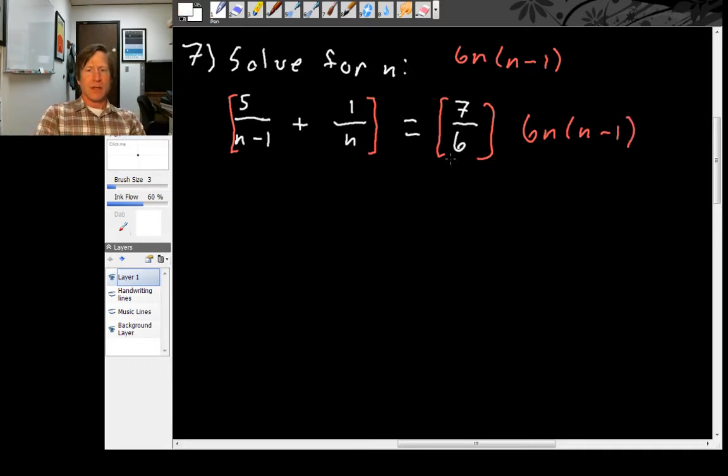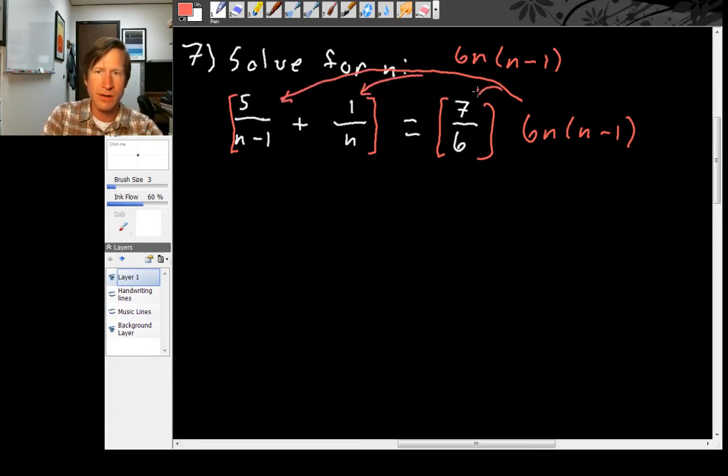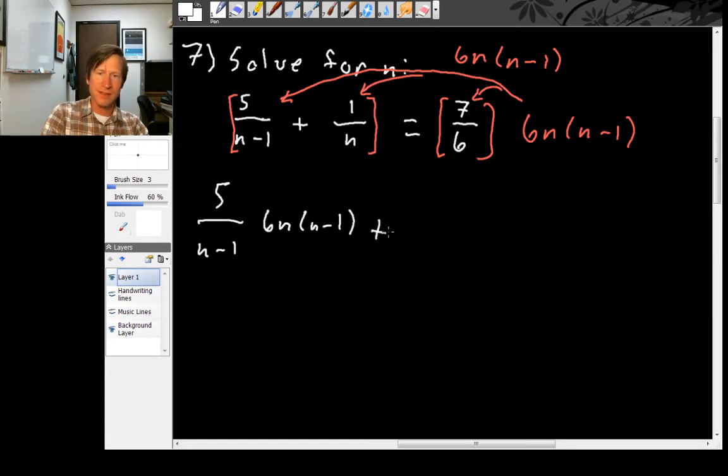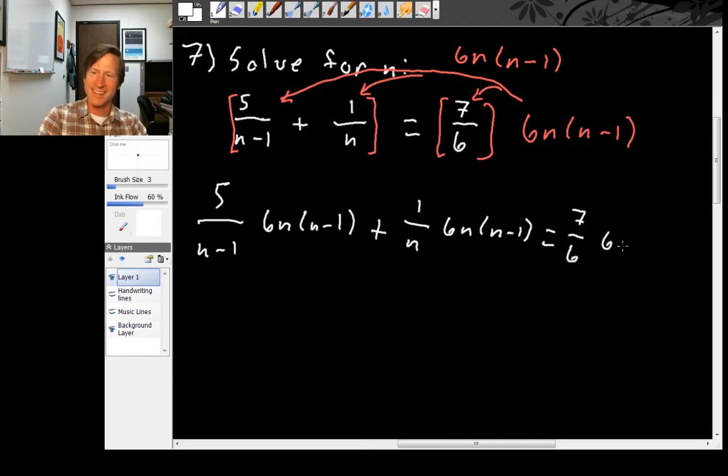Okay, so we're going to end up distributing this to everything here, here, and here, right? So we get 5 over n minus 1 times 6n times n minus 1, plus 1 over n times 6n times n minus 1, equals 7 over 6 times 6n times n minus 1.